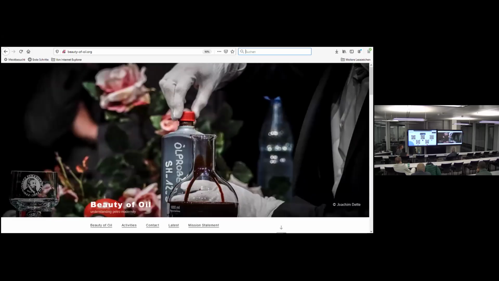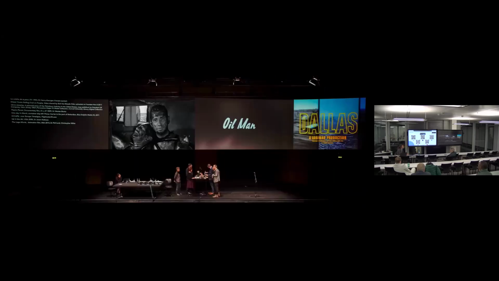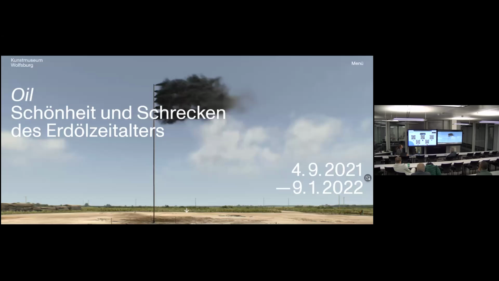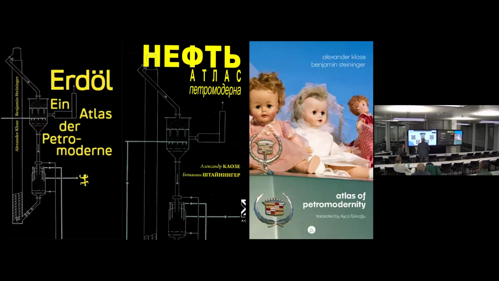And Alexander mentioned already this project Beauty of Oil, which I founded with my colleague Alexander Klose, with whom I also published all these books, and with whom I also contributed to HKW and to this very big exhibition in Wolfsburg, which has here the catalog. Please pass around the books. So this is actually atlas making.